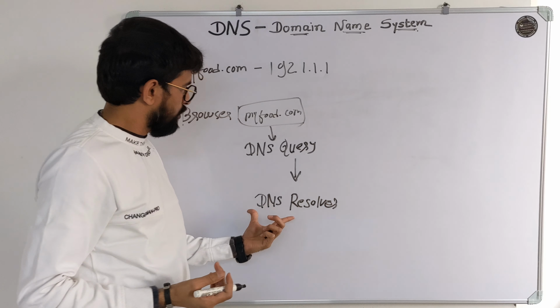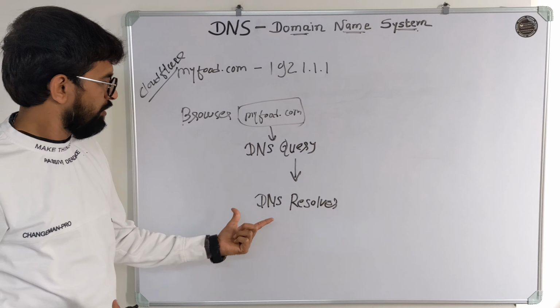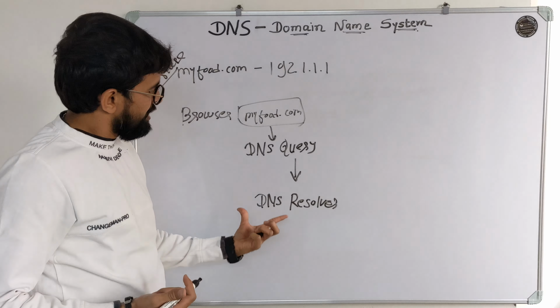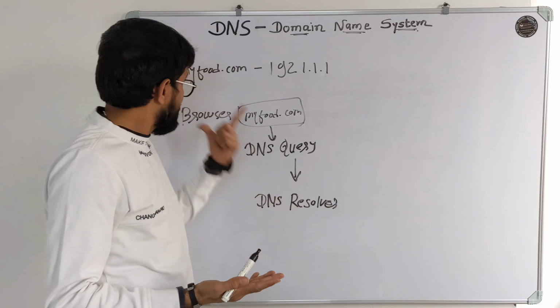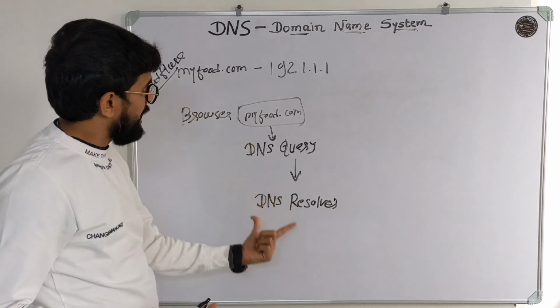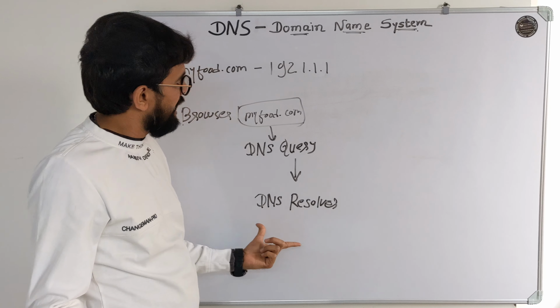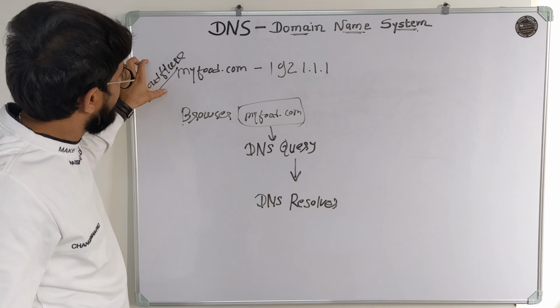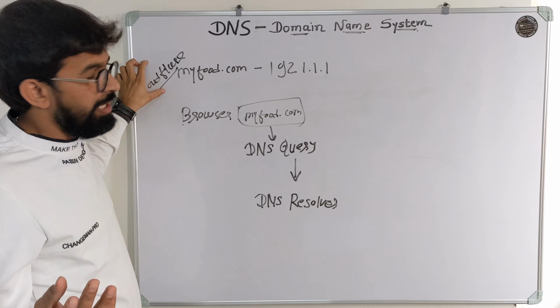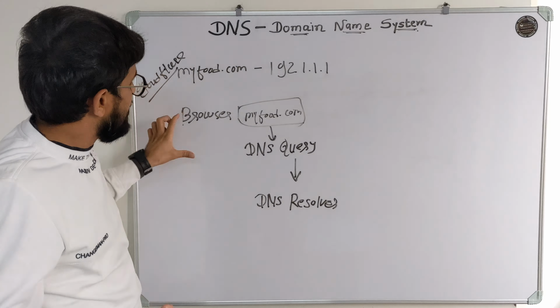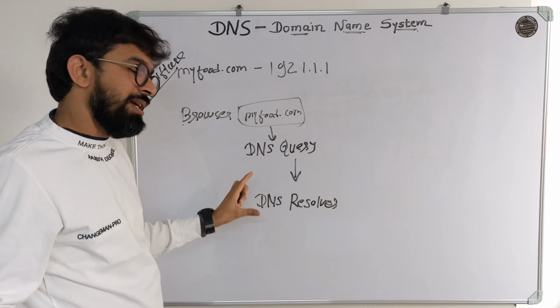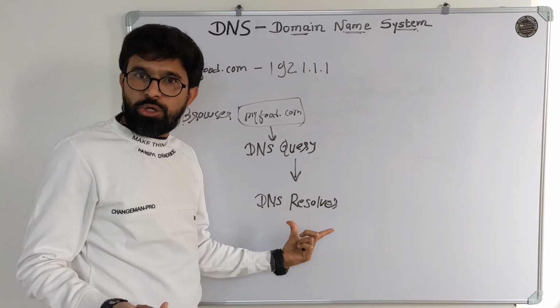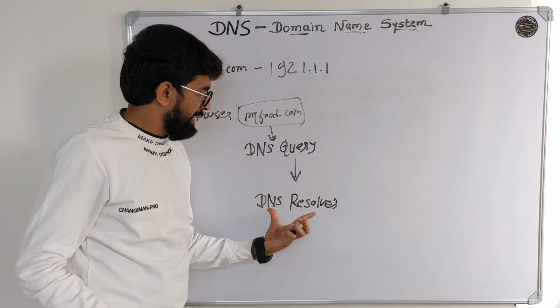Now the question is, who are the DNS resolvers? There are many. DNS providers like Cloudflare have a DNS resolver also, and Cloudflare is one of them. So Cloudflare is the DNS server, and we can also call it the DNS authoritative server as well as the DNS resolver. Same with GoDaddy, which also provides both services. So the browser needs to contact a DNS resolver.